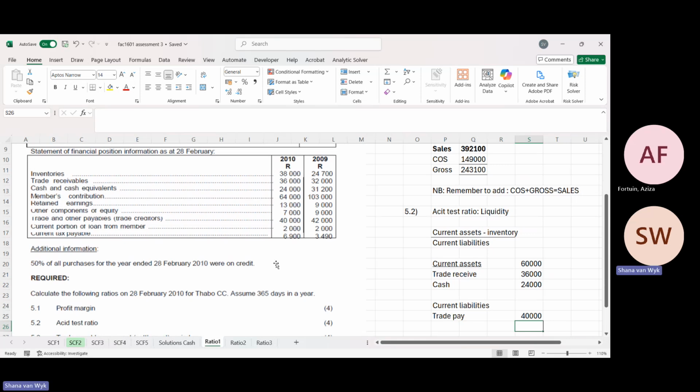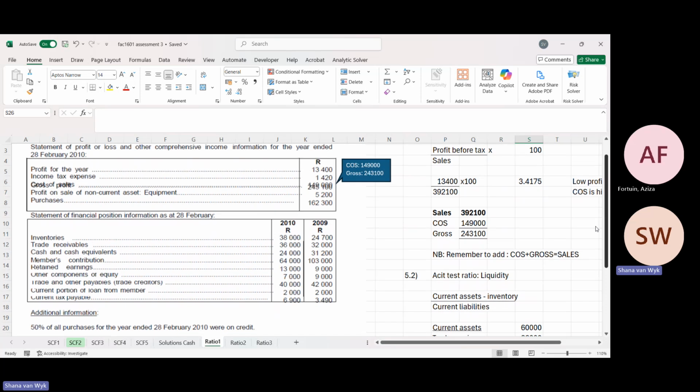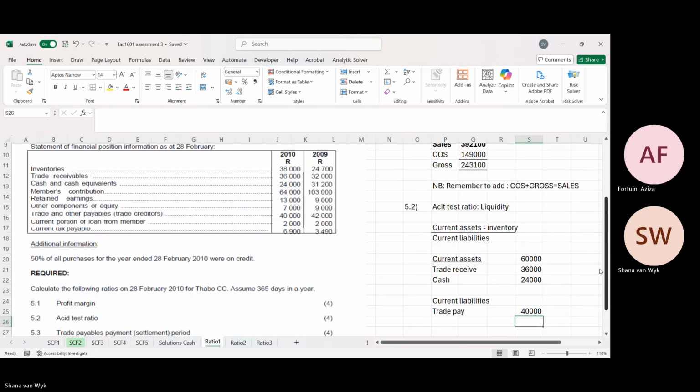I think payables were on credit, so the purchases would fall under trade payables, I assume.